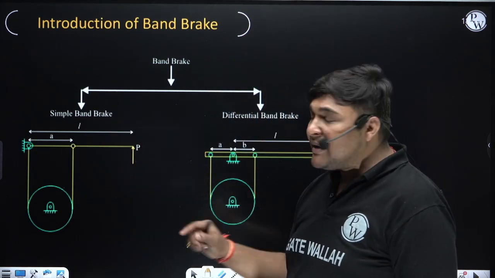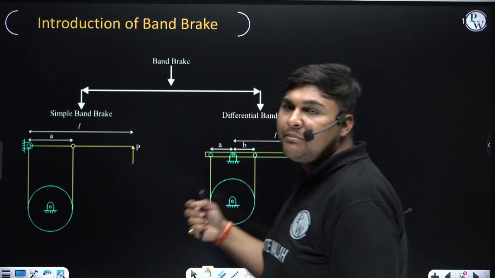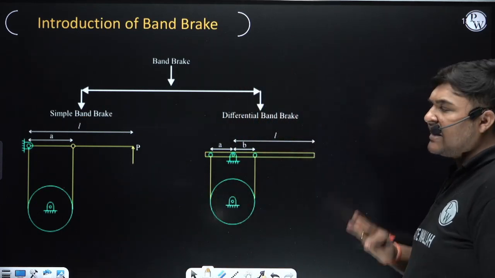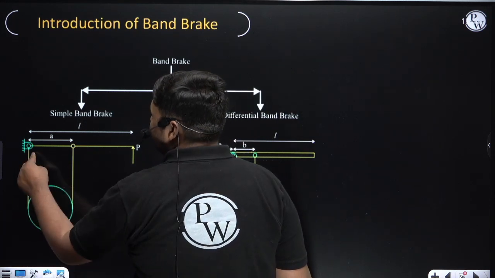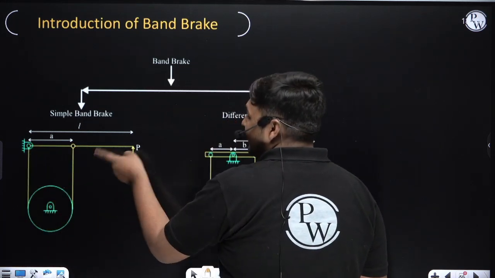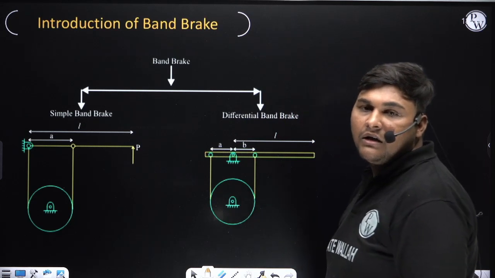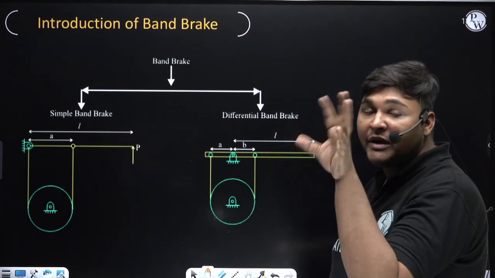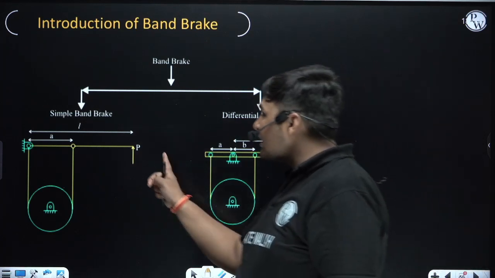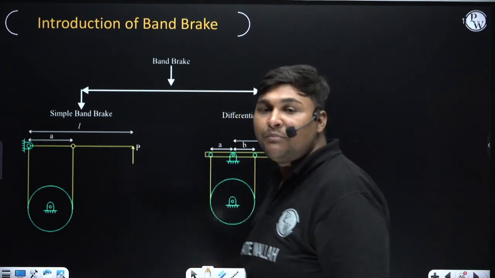Now this band brake is further classified as simple band brake and differential band brake. Just see this diagram. Both sides of this band will be attached to this lever. This lever is known as the brake lever. Same as in the shoe brake, where there was a lever on which we apply braking effort, similarly here also it is a lever on which we apply braking effort.